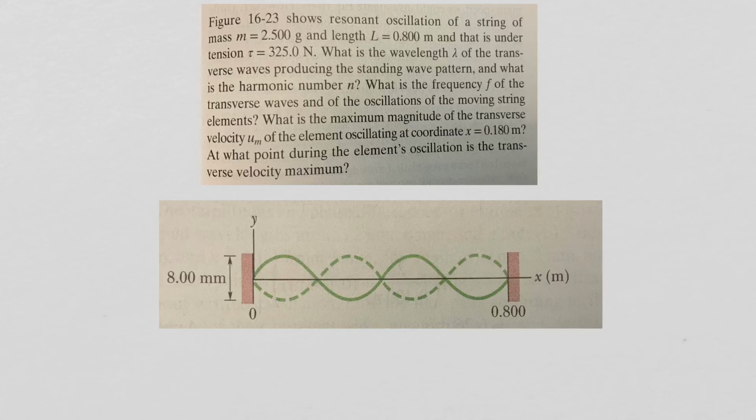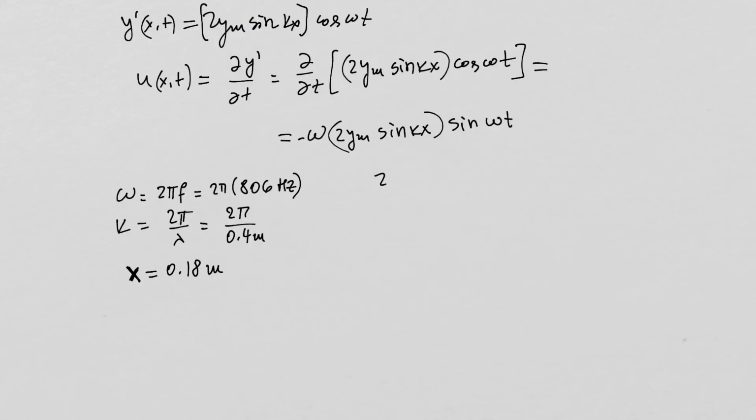That means that 2 times ym is equal to 4 millimeters. That's the maximum amplitude when this sine here is equal to plus or minus 1. And so from here, ym is equal to 2 millimeters. Now I have everything I need to be able to calculate um.